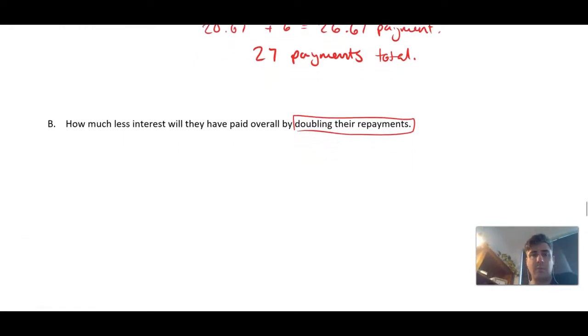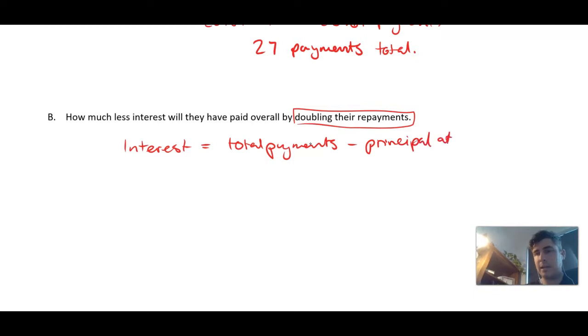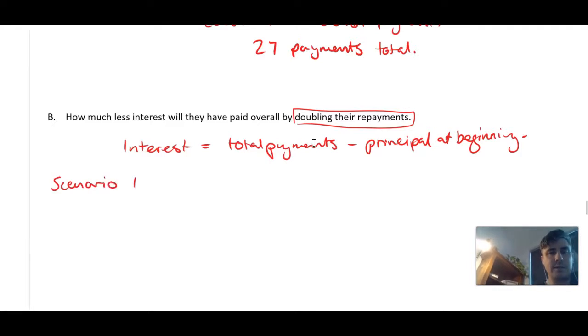So the way we're going to work this out is by the simple formula of interest equals the total payments minus the principal value at the beginning. So the way we're going to work this is working out all the total payments first of all. Now we've got scenario 1, which we doubled the payments.